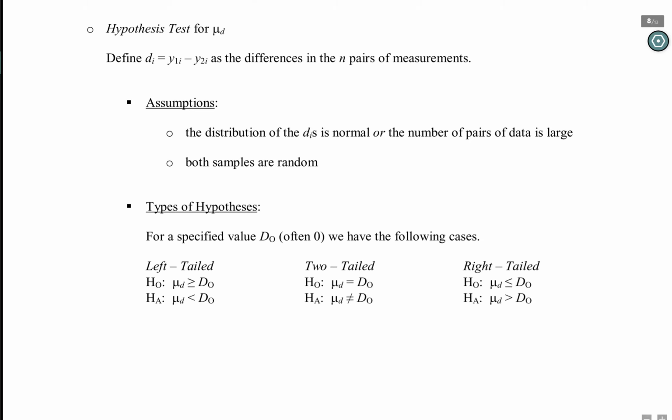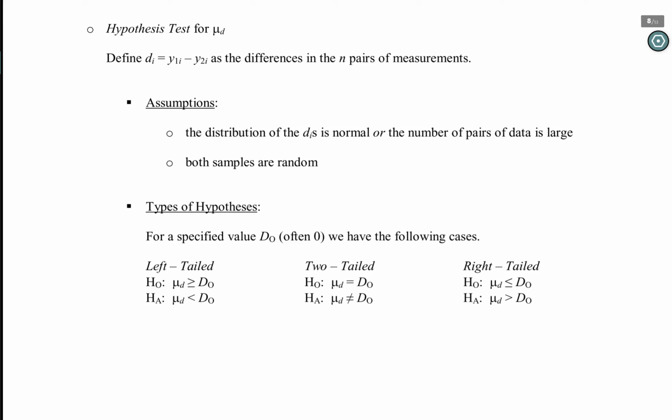So again, we take the differences in our data, and in doing so we're ready to do our analysis. The assumptions here are that the distribution of the D's are normal, or that the number of pairs is large, and then we also assume that both samples are random samples.